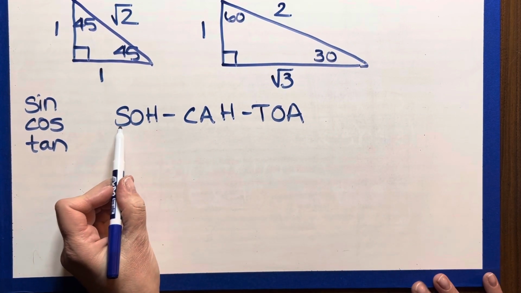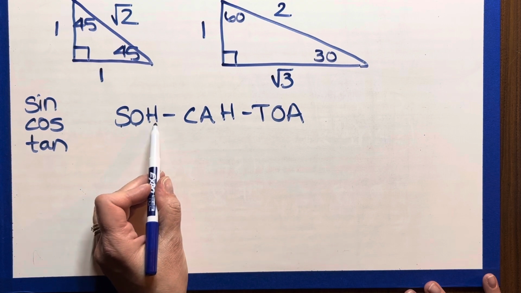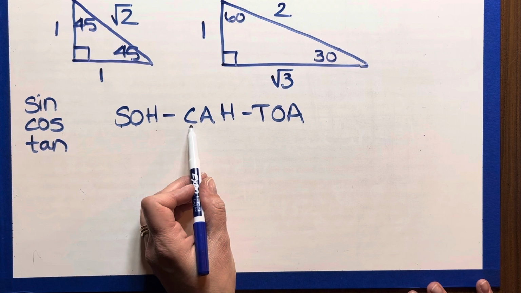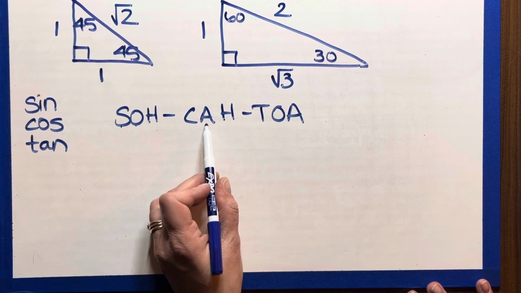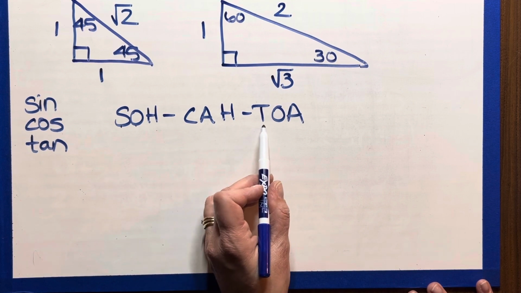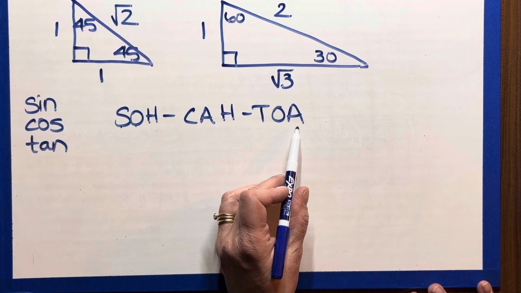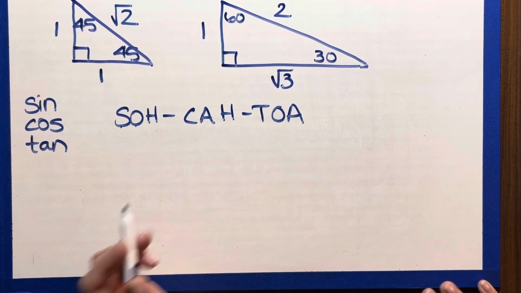So the sine, which is the S, we take the opposite over the hypotenuse sides of the triangle. The cosine, the C, we take the adjacent over the hypotenuse sides of the triangle. And for tangent, we take the opposite over the adjacent. And we will do this for both of these triangles.